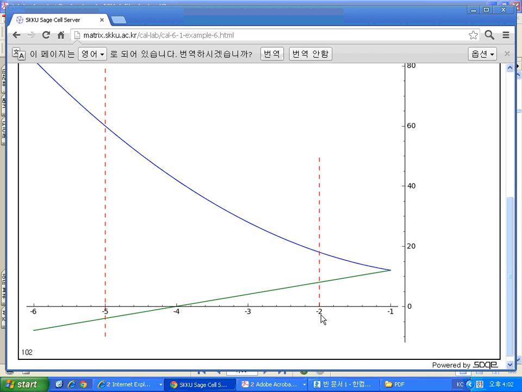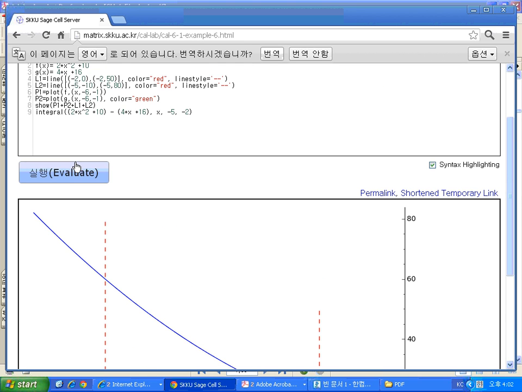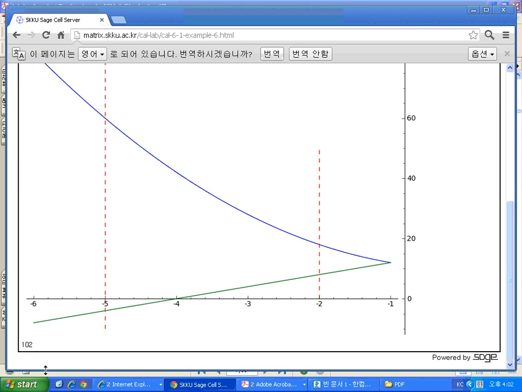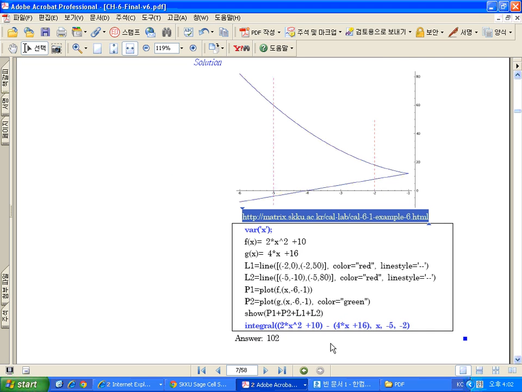We draw the graph from −2 to 5, and we want to find this area. So we just integrate the upper graph minus the lower graph to get the answer. That's what we've done on this.